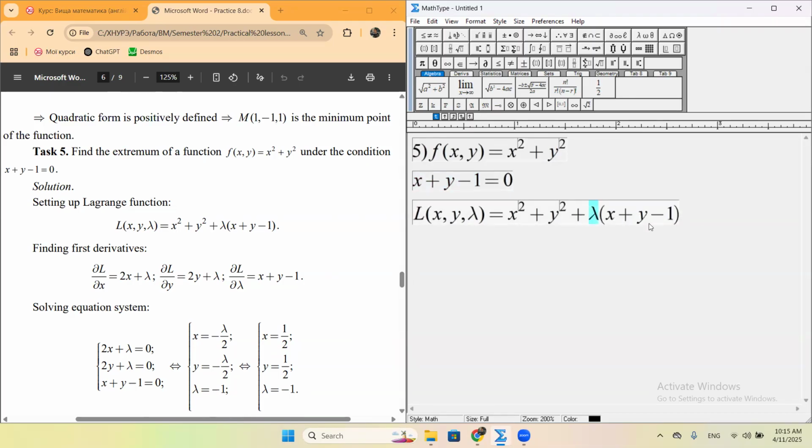So this is the Lagrange multiplier, this lambda. Now we have to differentiate this Lagrange function. So dL by dx.